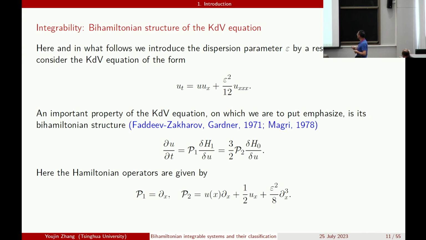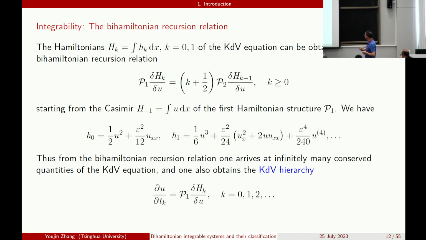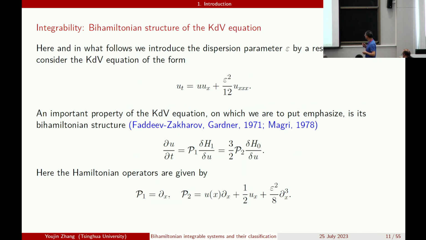So for KdV, if we make a scaling of the KdV equation, we write it in this form. We introduce this dispersion parameter epsilon. Then we can write this KdV equation in terms of Hamiltonian systems, infinite dimensional Hamiltonian systems.